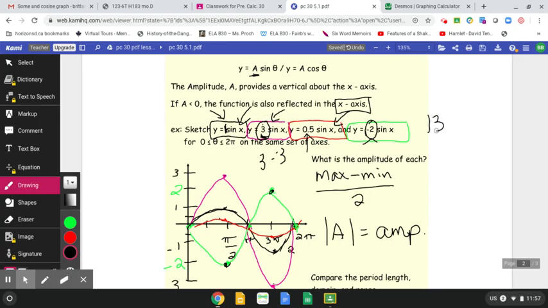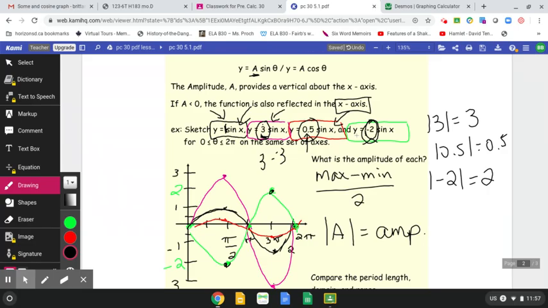Absolute value of 3 is 3. Here, 0.5. Absolute value of 0.5 is 0.5. Here, -2. Absolute value of -2 is 2. That means that's your amplitude.